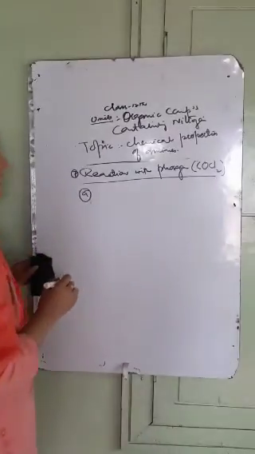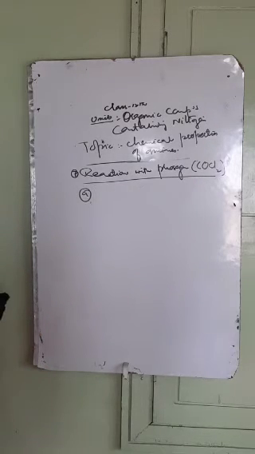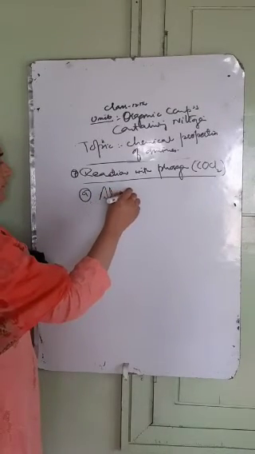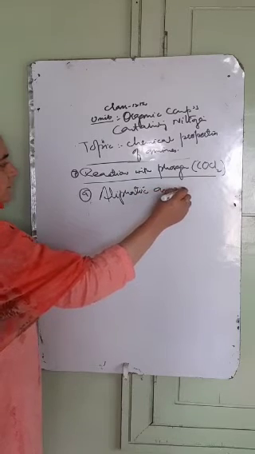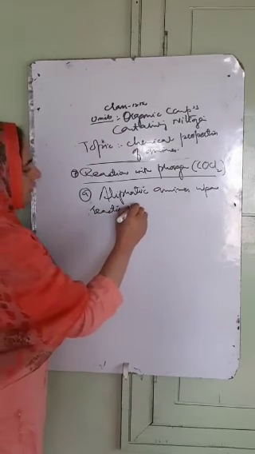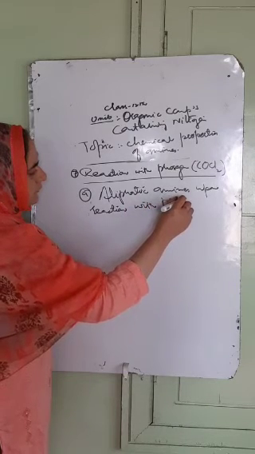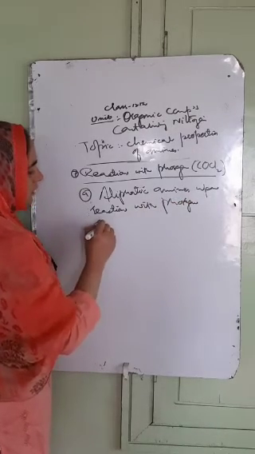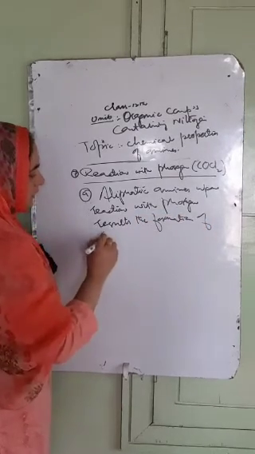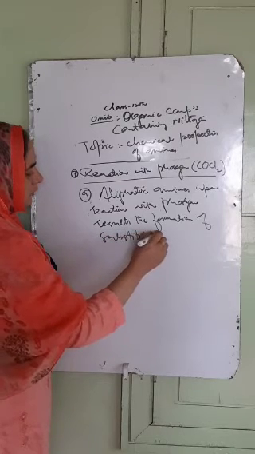Number 1, if we take primary aliphatic amines, they react with phosgene and result in the formation of substituted urea. Whereas if we take aromatic amines, isocyanates are formed. So aliphatic amines upon reaction with phosgene result in the formation of substituted urea.